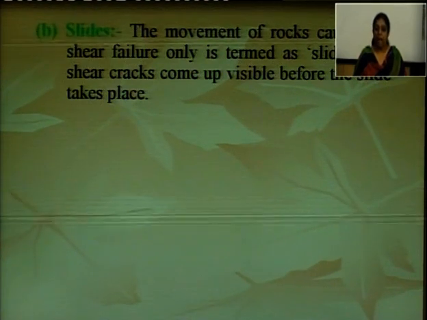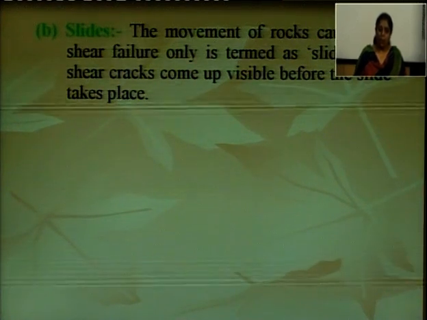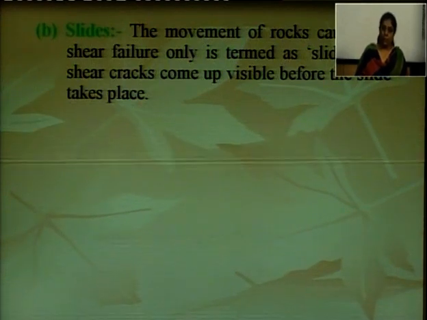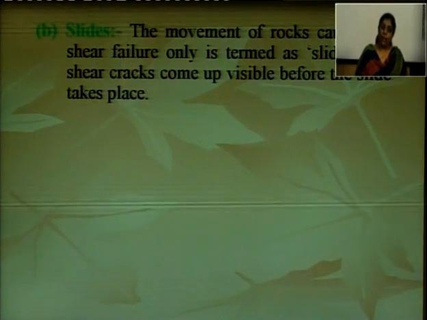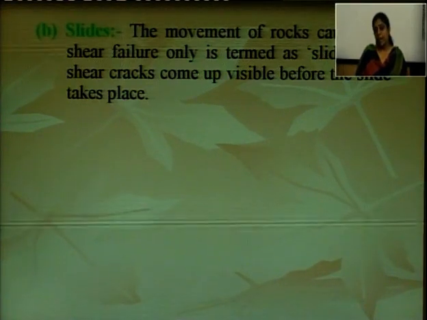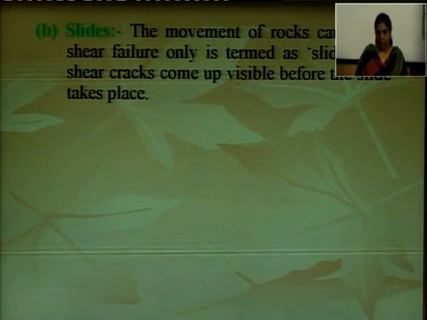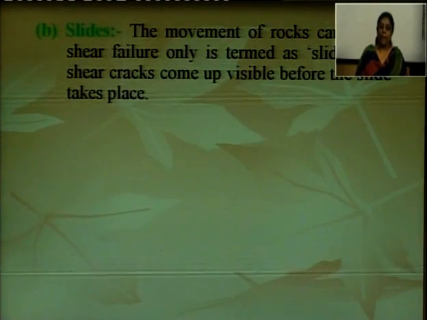The shear cracks come up visible before the slide takes place. So, well before the slide, if there is a good observer around, you will come to know that some type of landslide is going to take place over here, because shear cracks come up visible before the slide takes place.